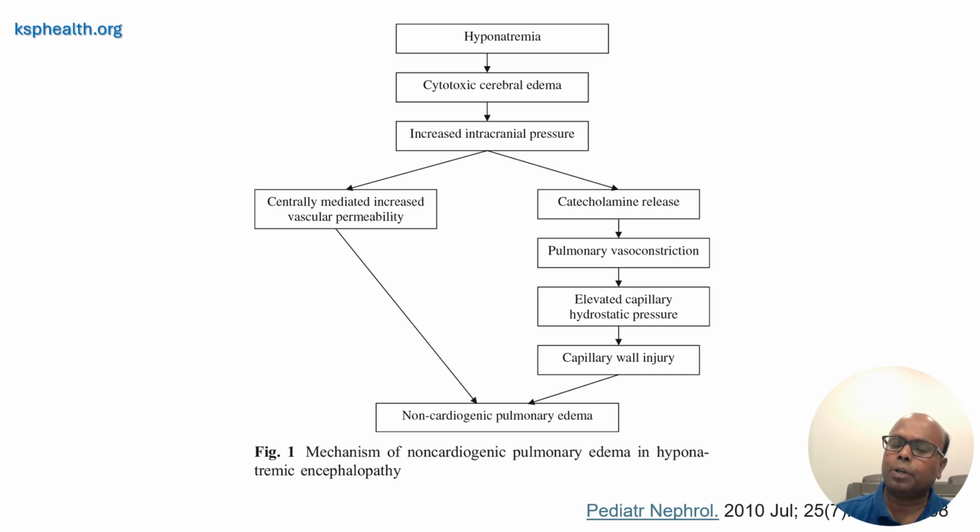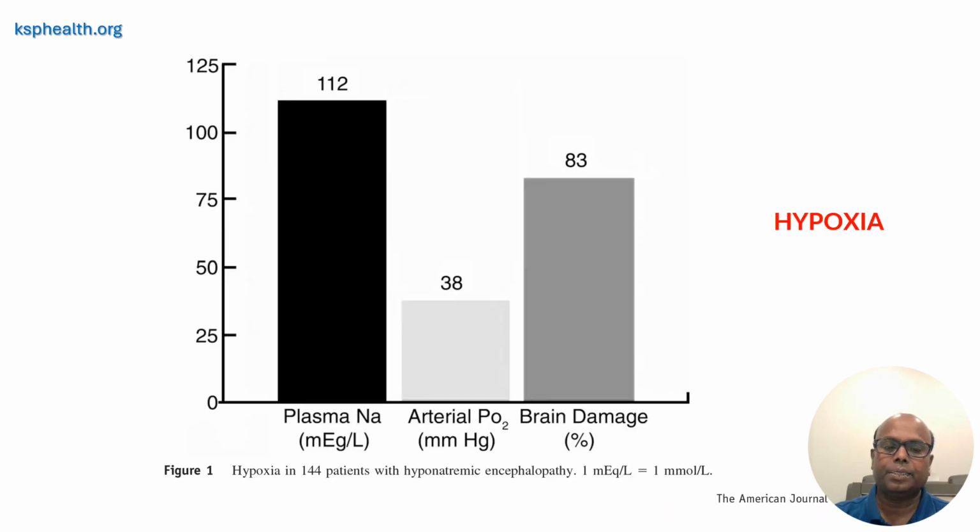In addition, it can also cause catecholamine release, pulmonary vasoconstriction, elevated capillary hydrostatic pressure, and then capillary wall injury that can cause non-cardiogenic pulmonary edema. Both mechanisms, respiratory arrest and non-cardiogenic pulmonary edema, can cause hypoxia that impairs the brain cell adaptation by working through sodium-potassium ATPase.